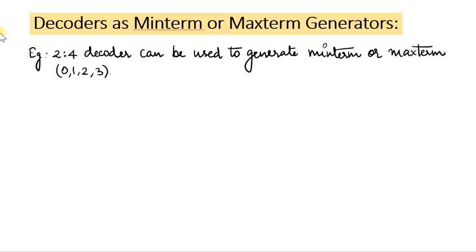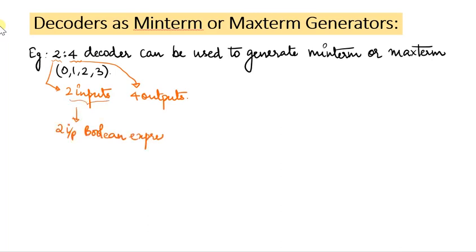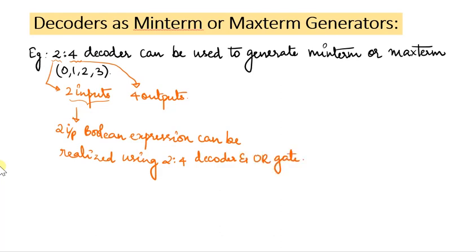And for a 2:4 decoder, I know that the output in decimal notation can be either 0, 1, 2 and 3. Therefore, a two variable Boolean expression can be realized using a 2:4 decoder and an OR gate.